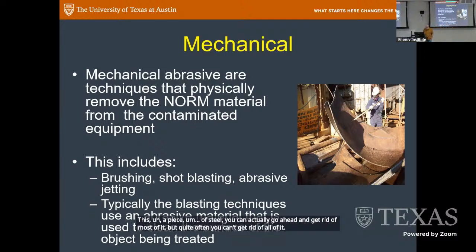Some of the things which you have to include are brushing, shot blasting, and abrasive jetting. Typically, the blasting techniques use an abrasive material that is used to clean the surface of the object being treated. Now, as you can well imagine, it is pretty tough to do that during the summertime.